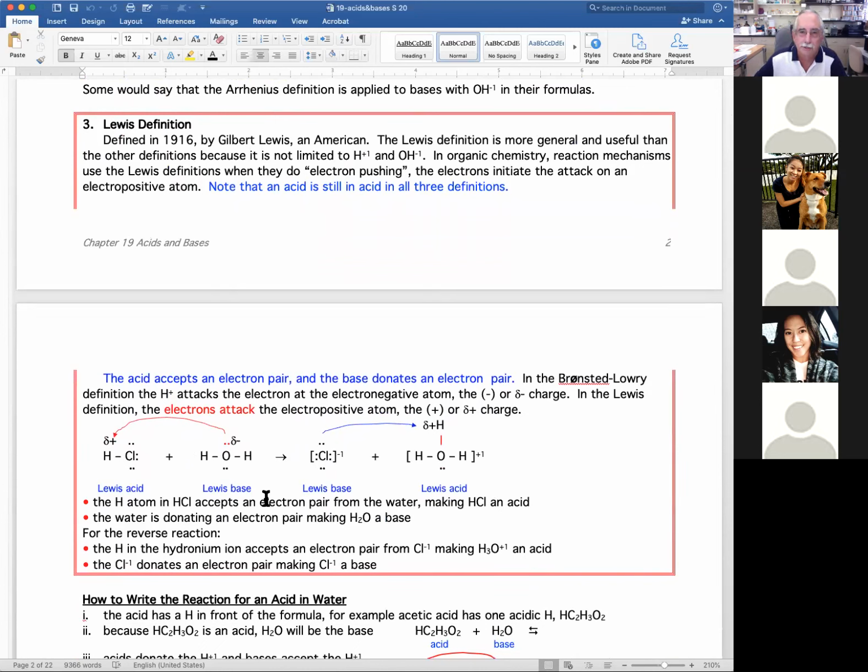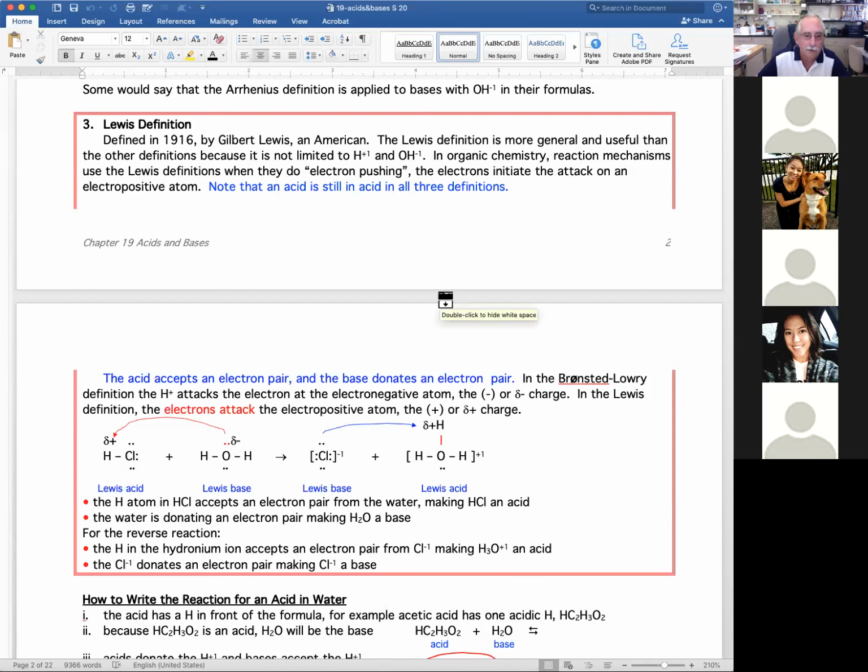And his definition is the most useful because it's not limited to just H plus and OH minus. So the Lewis definition basically gets ignored until we get to the study of organic chemistry. Then it appears all over the place. All reaction mechanisms are really using the Lewis definition of acids and bases.